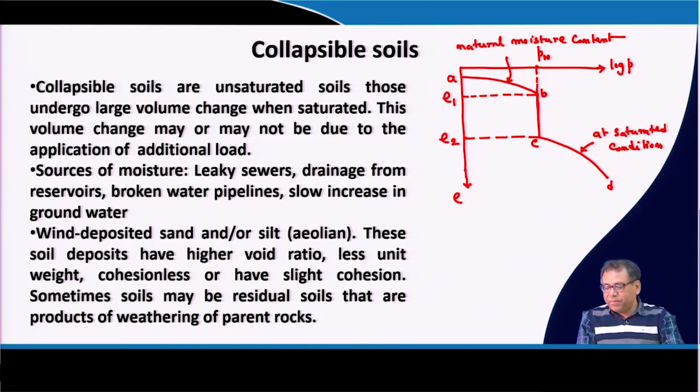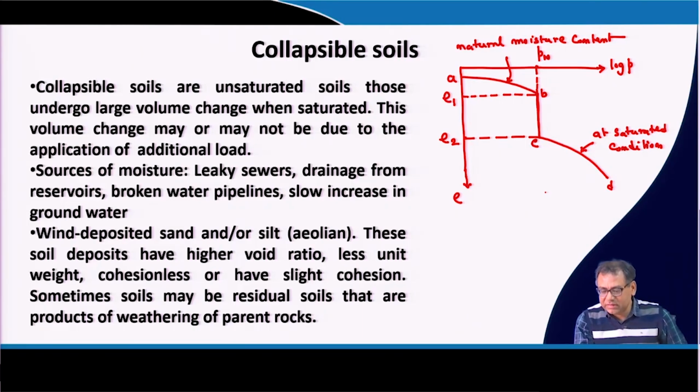So, CD is the path for saturated condition, but at the saturation point there is a large volume change without application of additional stress. After the collapse is done, if I apply the stress, then soil will undergo path C to D, which is under saturated condition.